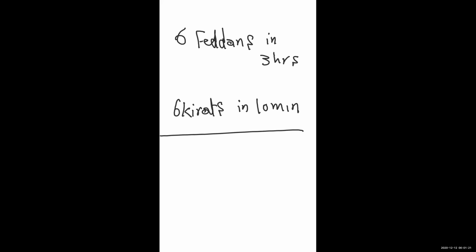So the rate of the first is 6 feddans in 3 hours. First I have to convert from feddans into carats, so 6 times 24, which is now in carats, over 3 hours.